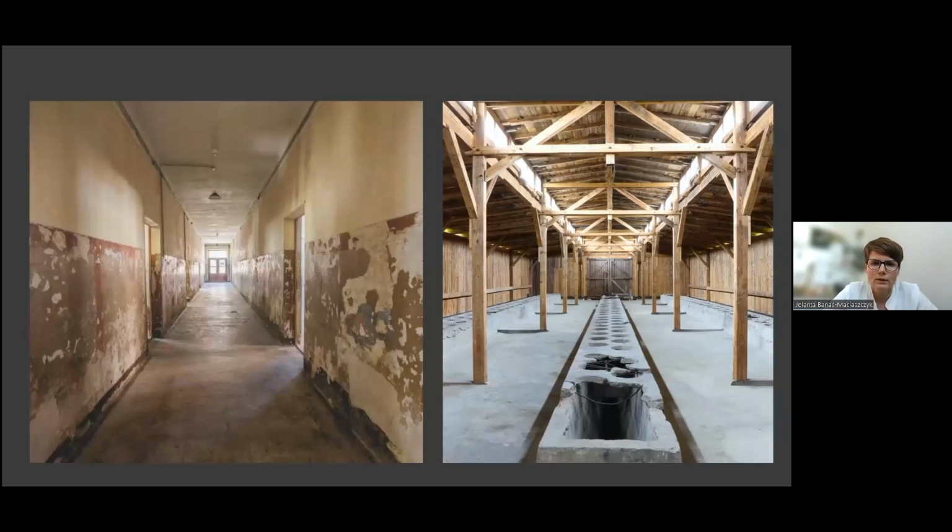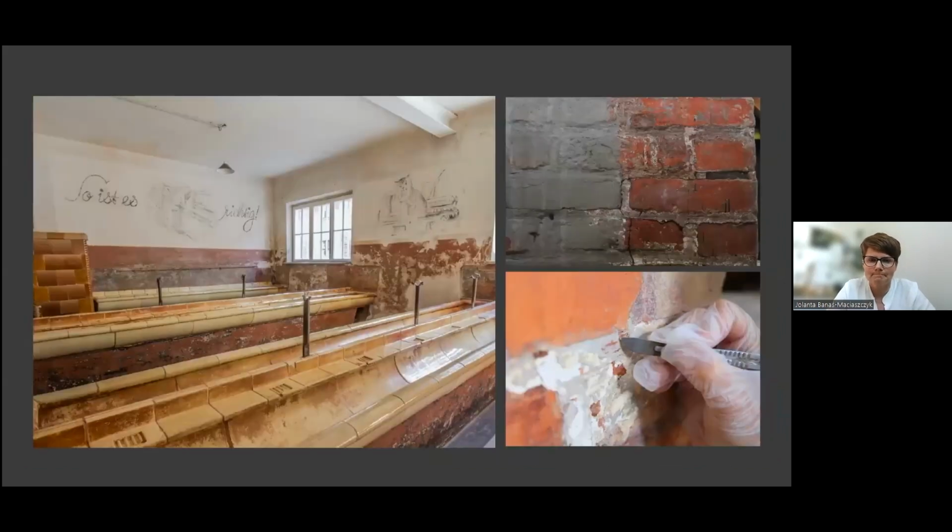On the left-hand side, you can see the corridor of the reservation block, where there are certain lacunae in the painting tissue, and on the right-hand side, the inside of a wooden barrack, and we can see that the cover of the latrines has not been filled in while carrying out the works, because there was no such technical need.